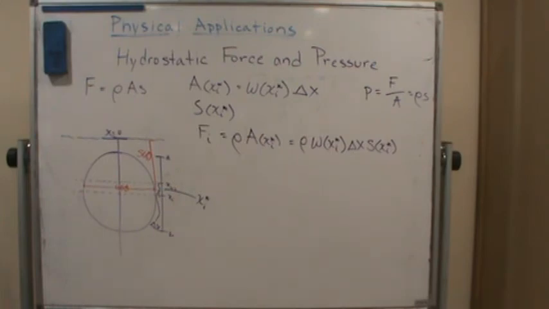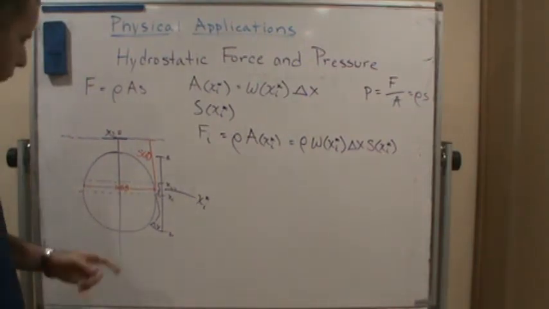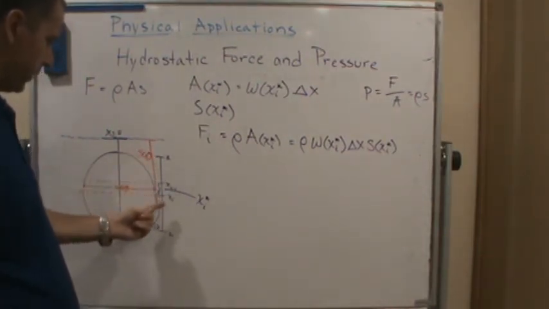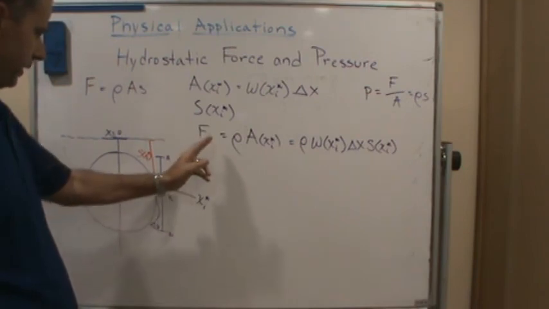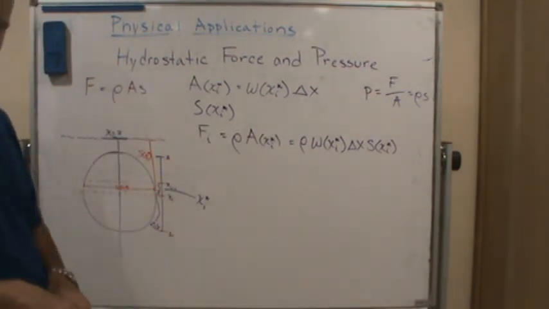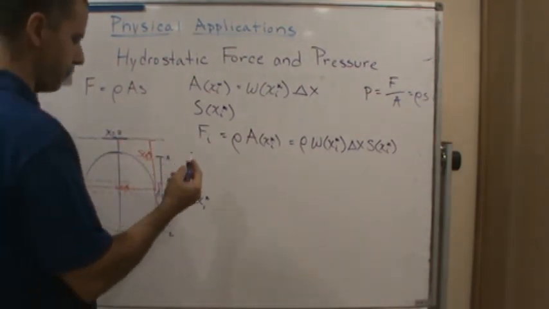So now all we have to do is add the forces for each one of these. If we have n subintervals, this is just for the ith interval. So now we sum them all up to get an approximate force.